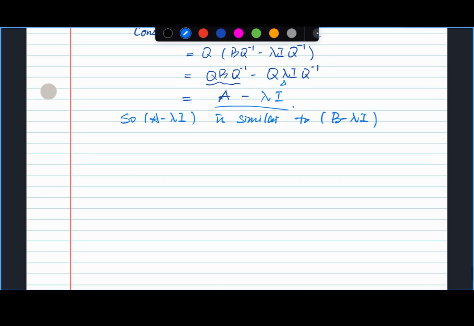Okay, now therefore, if these are similar, we know their determinants are equal to each other: the determinant of A minus lambda I equals the determinant of B minus lambda I by our lemma.